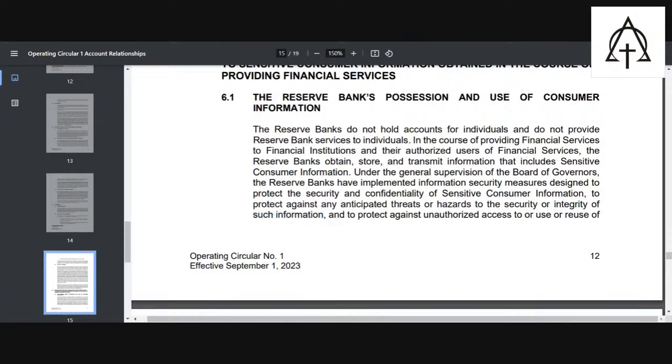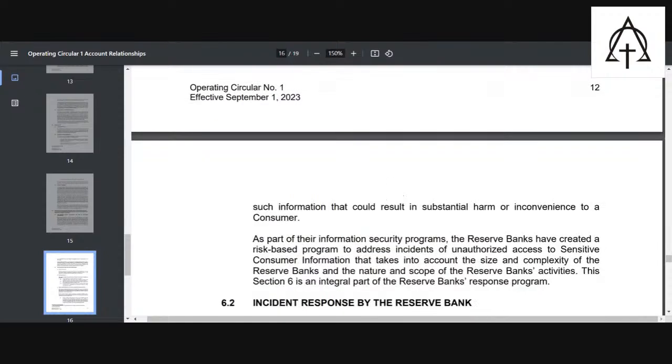And to protect against unauthorized access to or use or reuse, such as insurance and reinsurance, surety and resurety, by swapping your insurance credit defaults. Such information that could result in substantial harm or inconvenience to a consumer.